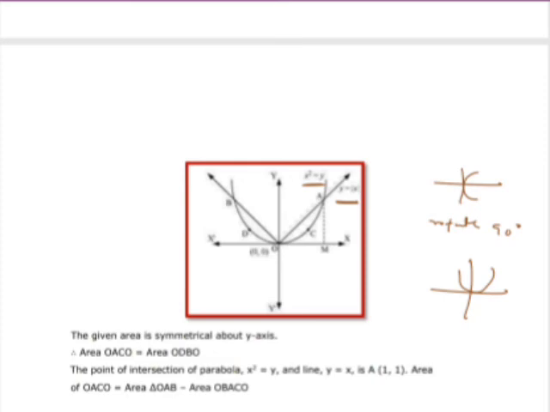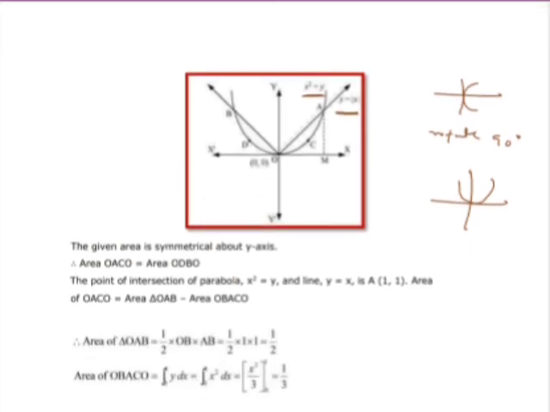So now we have to find the region. If you find one side, similarly we can get the other side also. So let's say the given area is symmetrical about the y-axis. Now the area of OACO is equal to the area of ODBO.